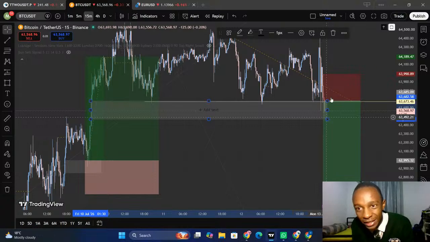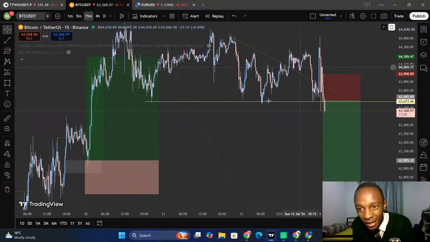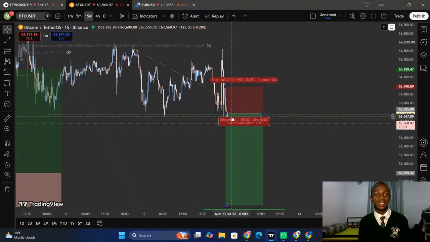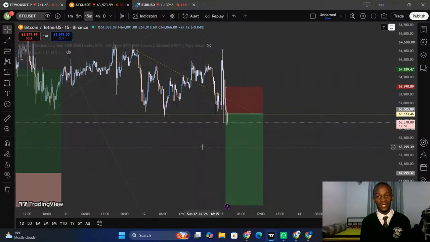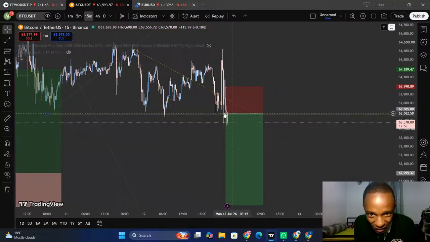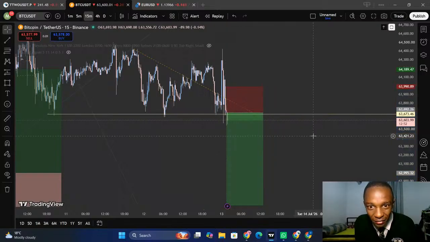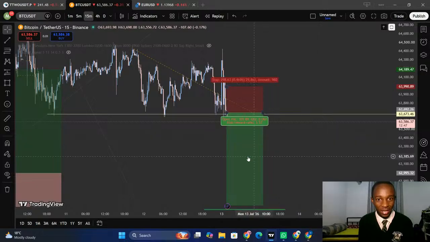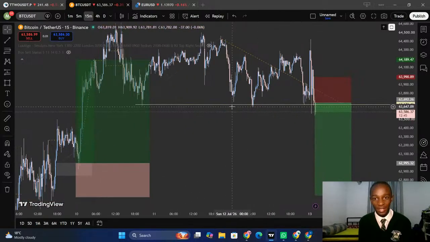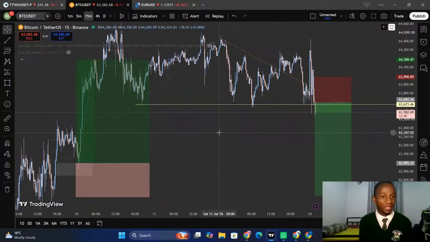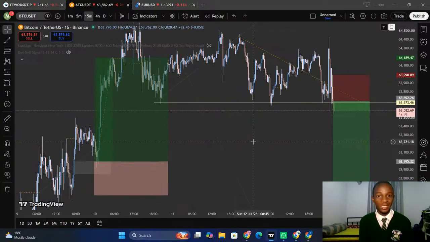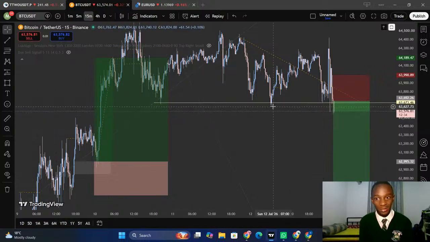Price is breaking below this resistance. Somebody tell me what's going on. We're just dominating. But we don't know, these things are so random. So after having this break of structure now, we're going to be pulling back. That I'm sure of.